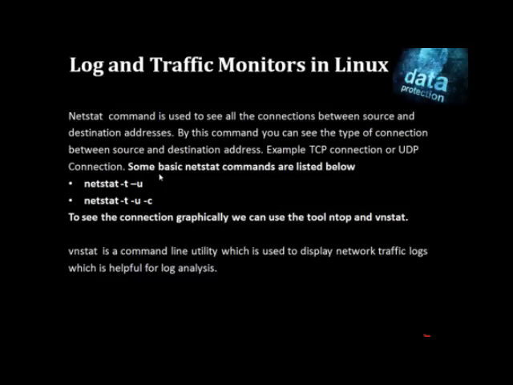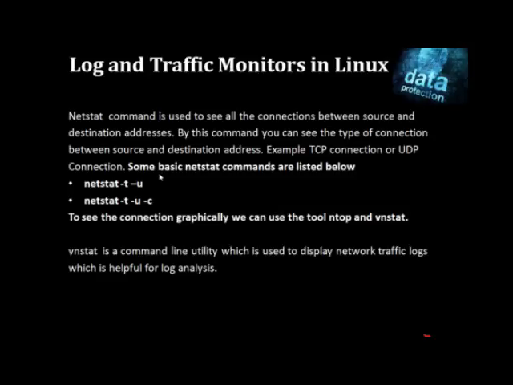Now, log monitoring and traffic monitoring is a very important aspect of information security. The netstat command is used to see all the connections between source and destination addresses. By this command, you can see the type of connection between source and destination addresses, for example, a TCP connection or a UDP connection.